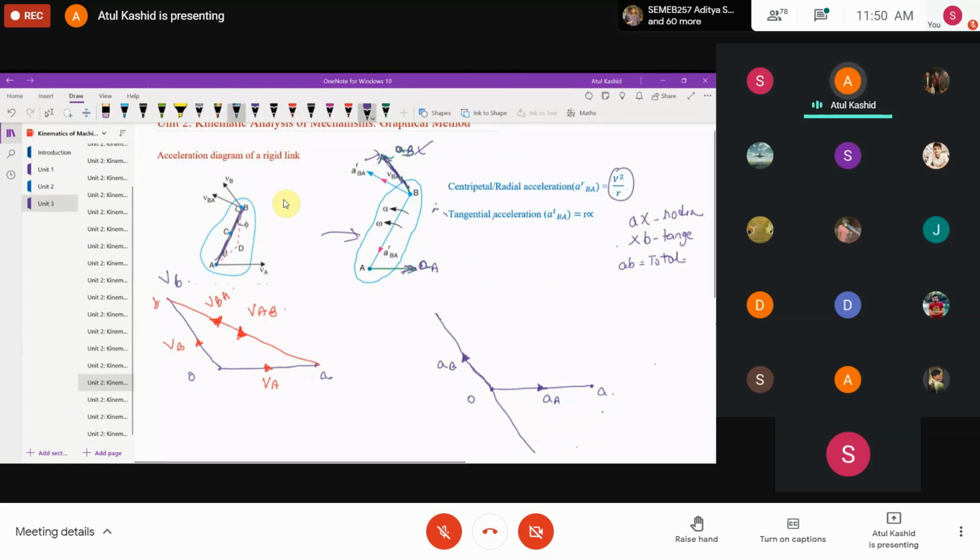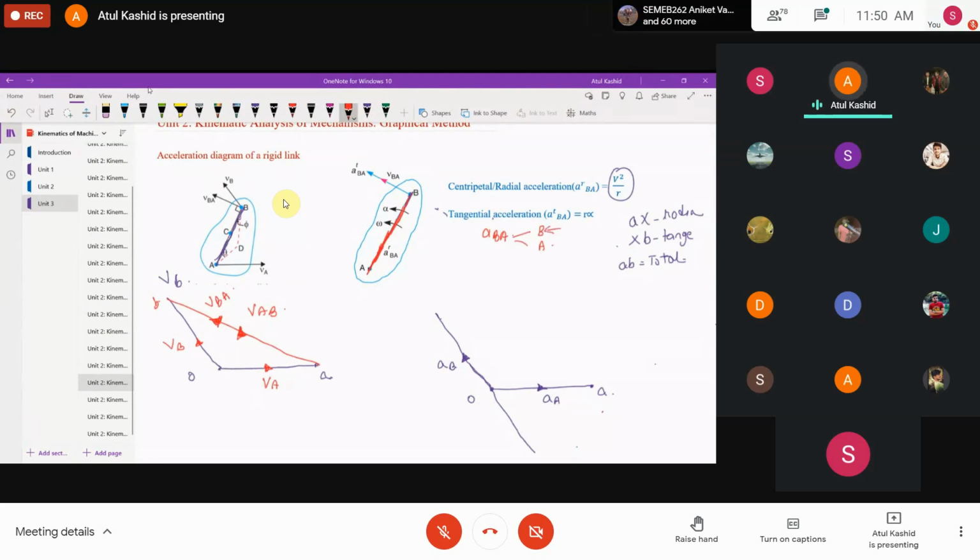As I told you, now just see very carefully. We are having the link AB with us, and we are talking about acceleration of B with respect to A. Now I have two points with me, B and A. So the trick was, we have to see the diagram and which point is available, that we are going to see.